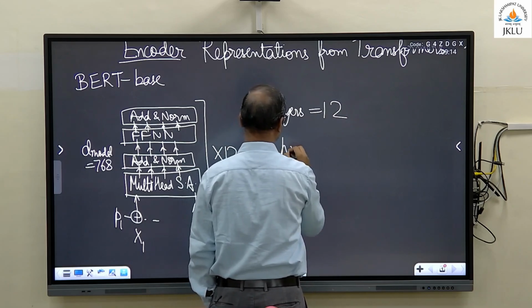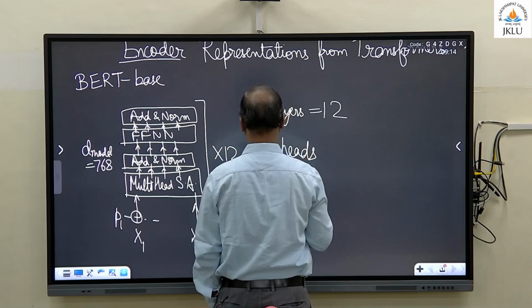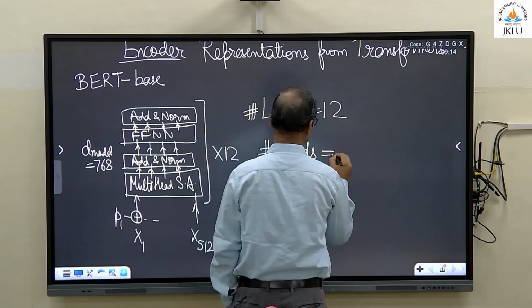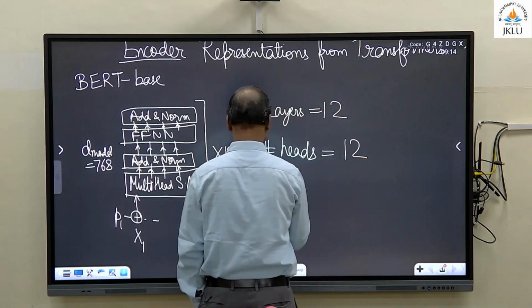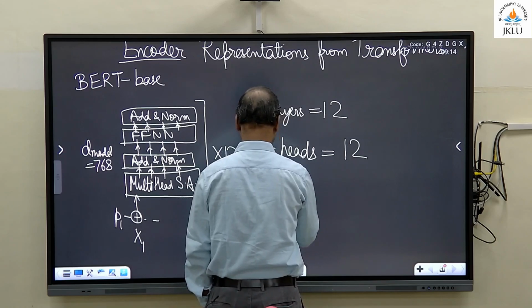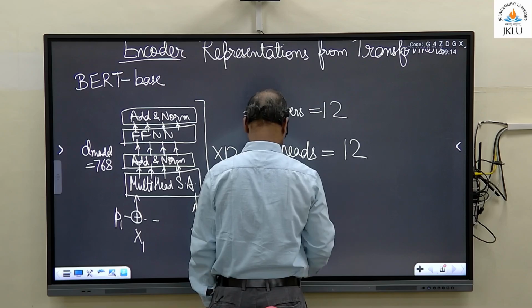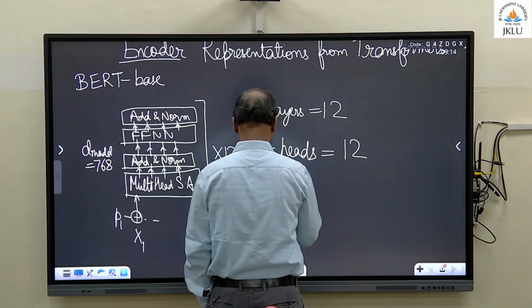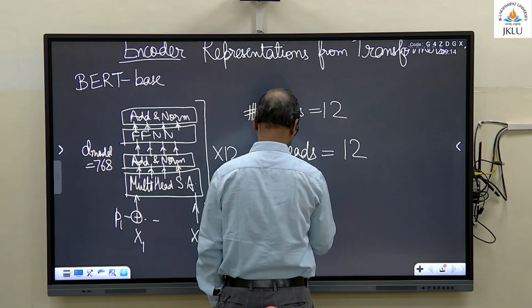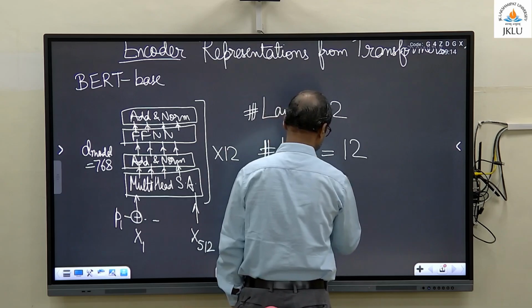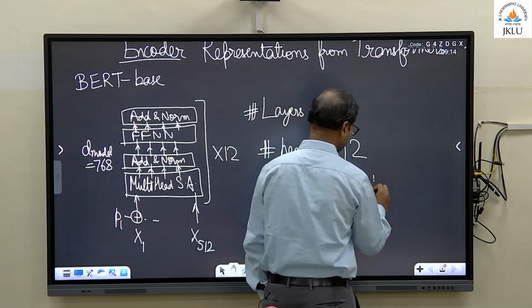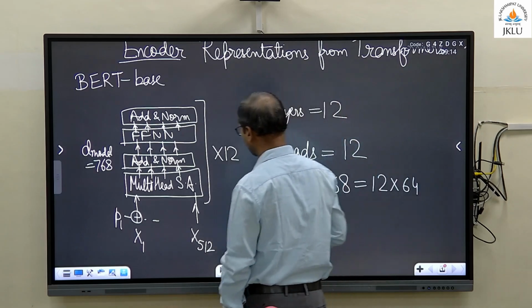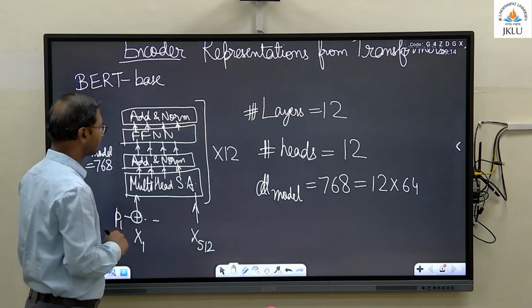Number of heads is equal to 12. D model is 768, which is basically same as 12 into 64. What more?